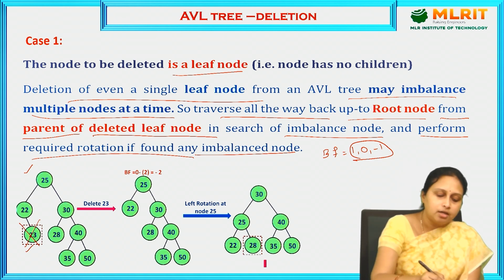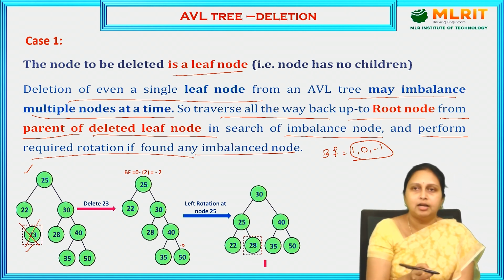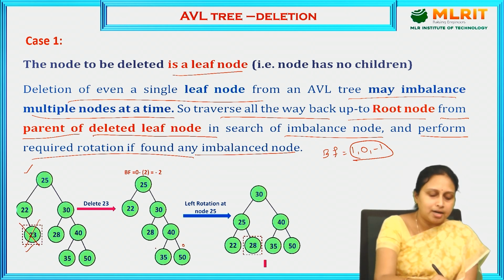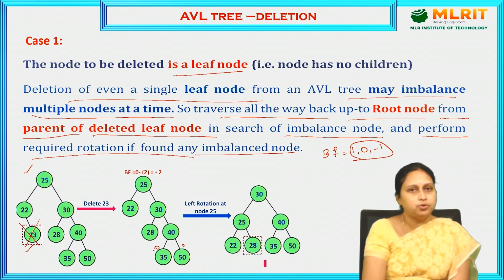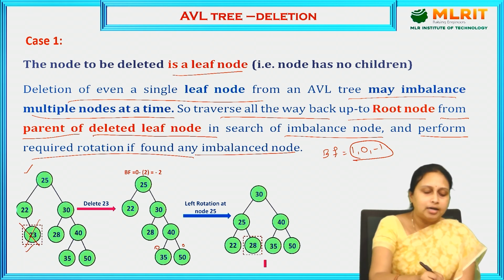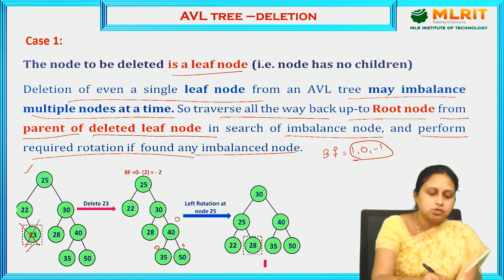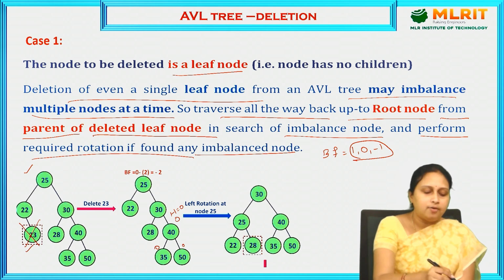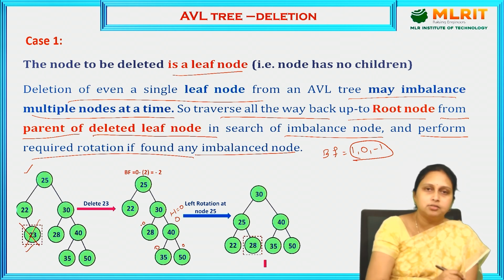Here, the balance factor for this is 0, because you don't have the left and right subtree. The balance factor for this is also 0. And the balance factor for this is also 0. Why? Because this is 1 minus 1 equal to 0. And what is the balance factor for 28? It is also 0.